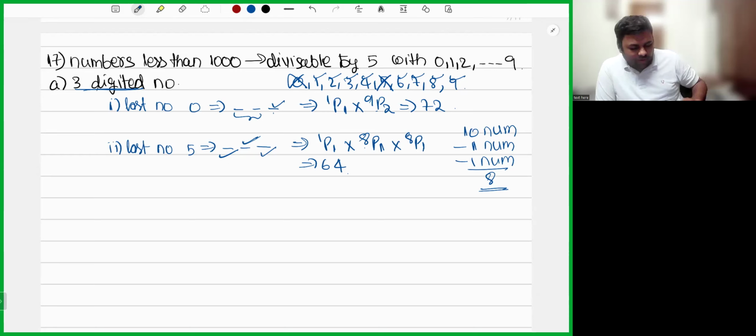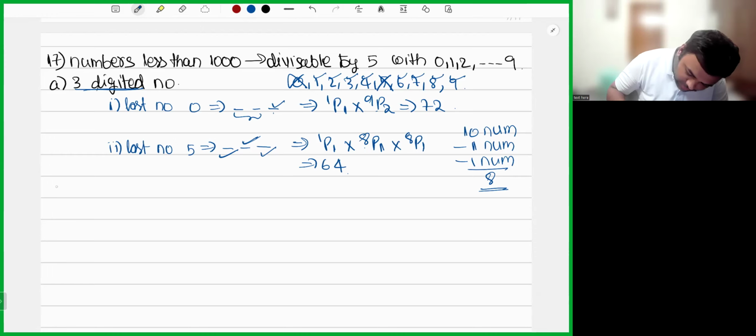Next, last number 5. First I kept the last number. Now in the first place you can't keep 0. So 5 is gone, 0 is gone, 8 numbers I can keep in the first place. Now for the middle place, of 10 numbers, 2 numbers have taken their position, so 8 numbers. Little tricky, but I hope you are in a position to digest it.